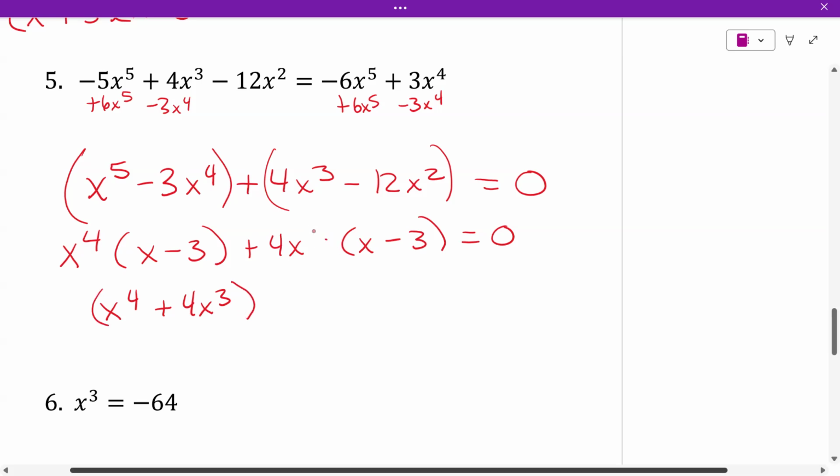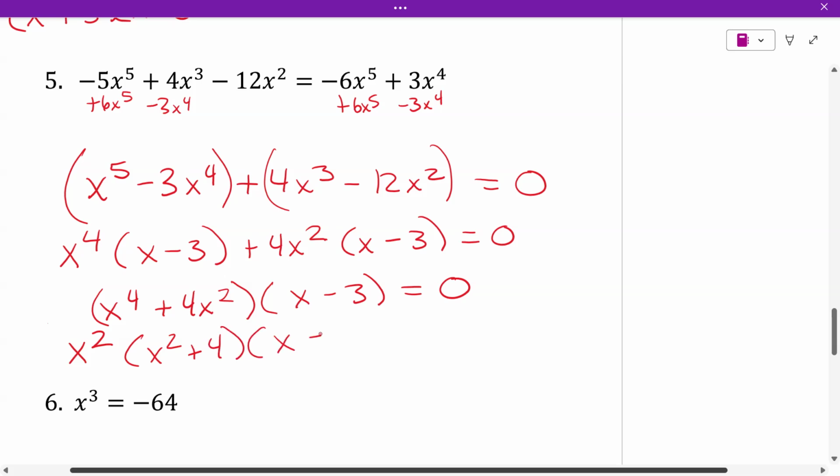Yeah, there we go. And then it's x minus 3 equals 0. Now what can I take out of the first set of parentheses here? X squared. So I have x squared times x squared plus 4 times x minus 3 equals 0.